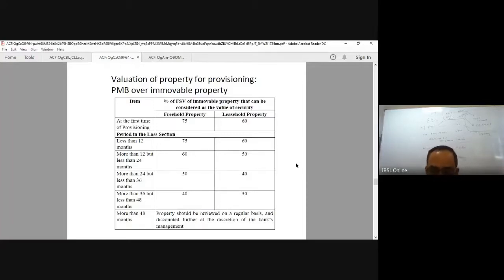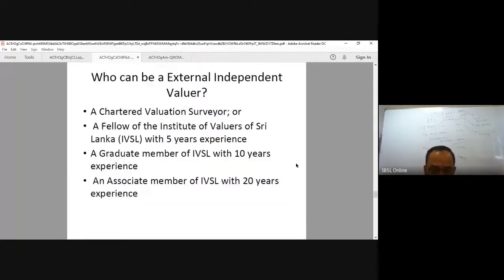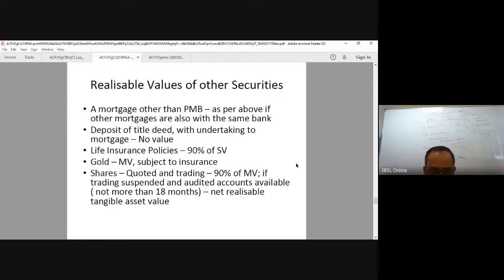You looked at why a valuation report is required, the central bank's guideline and criteria on valuation reports, who can be an external valuer, and the realizable value of all other securities you will consider.